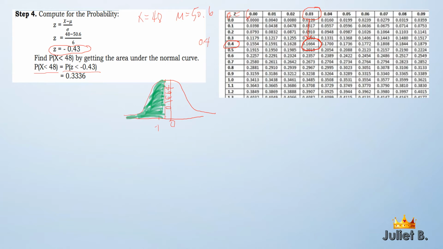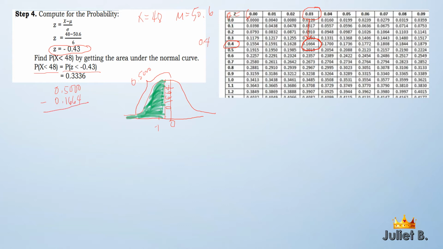For us to get that, since we know that half of the normal curve is 0.5000, itong buong to ay 0.5000 or 50%, what we're going to do is to subtract 0.1664 from 0.5000.